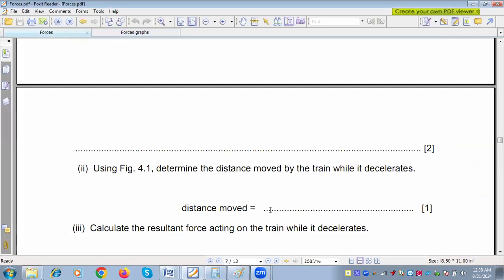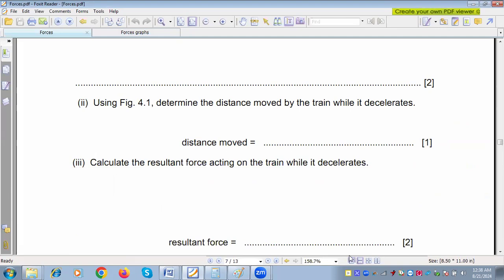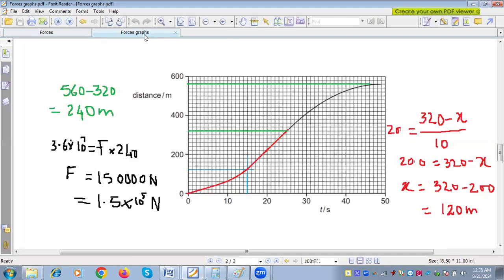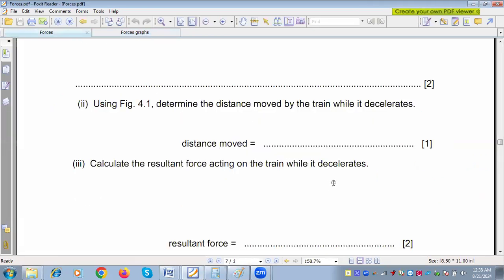Here the distance moved is 240 meters, and the force is 1.5 into 10 raised to the power 5 Newton.